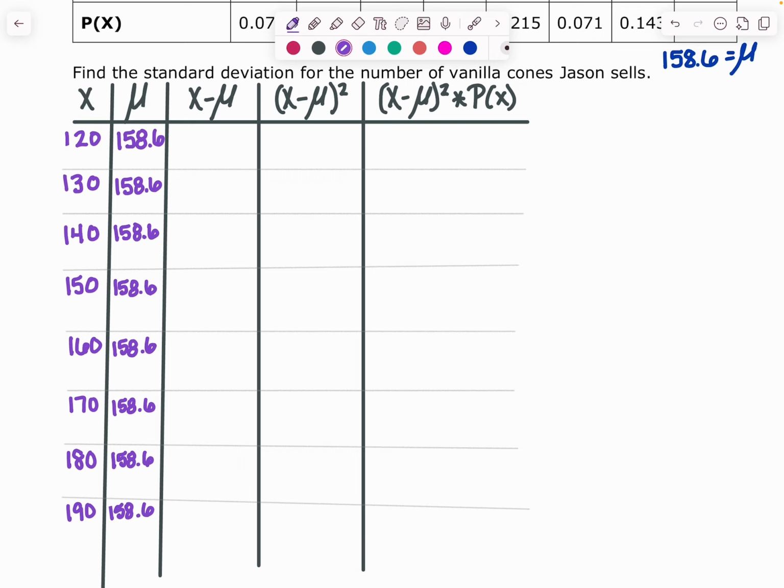And then x minus mu. So 120 minus 158.6, negative 38.6, negative 28.6, negative 18.6, negative 8.6, 1.4, 11.4, 21.4, and 31.4.